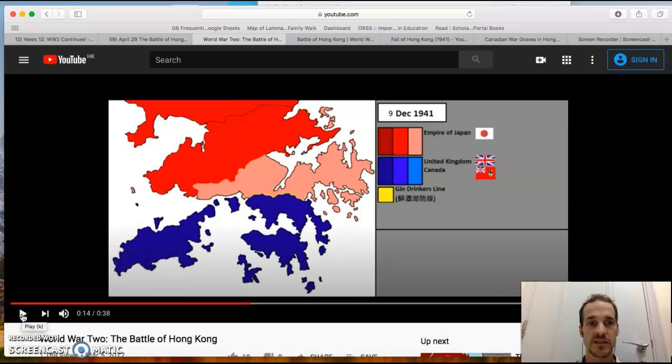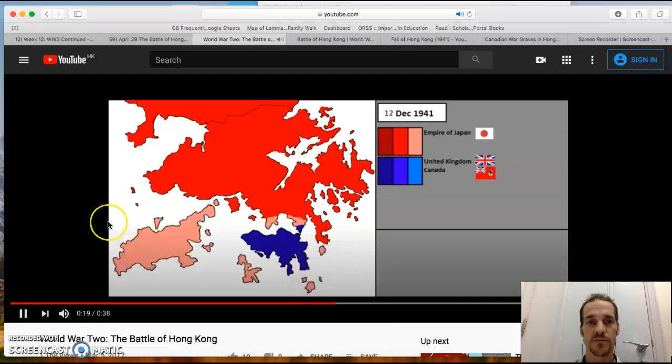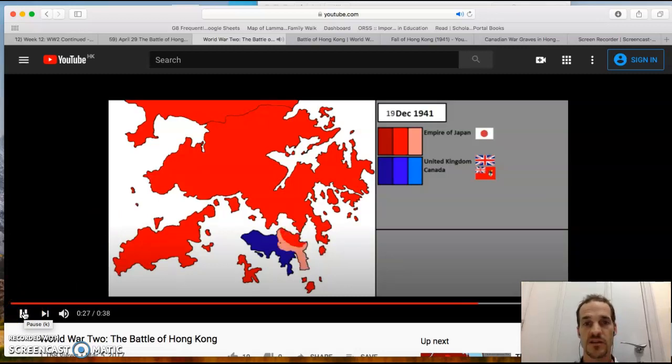And as you see, they steadily get past this. They take over Kowloon. Eventually, they take Lantau. They go onto Hong Kong Island, which is in blue right now. They start on one side. Now you can see here they've driven a wedge between Hong Kong's defenses.